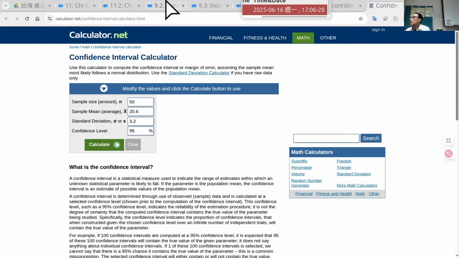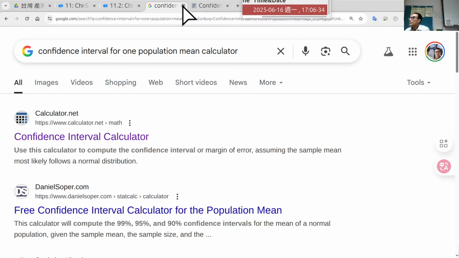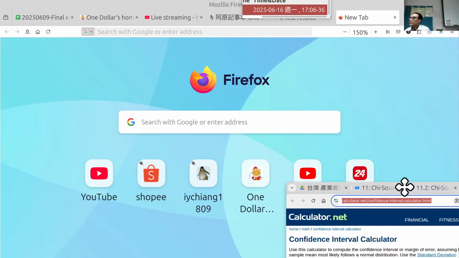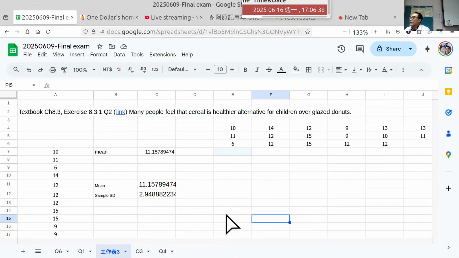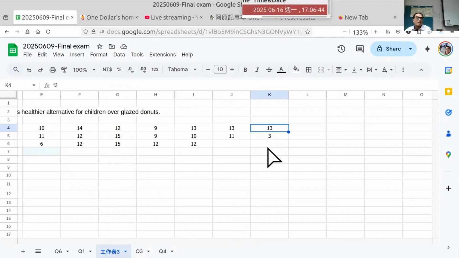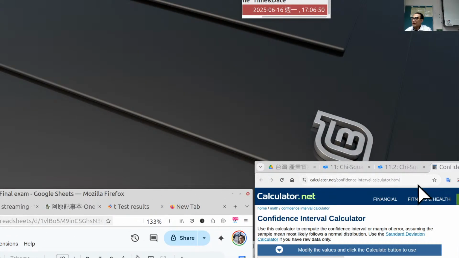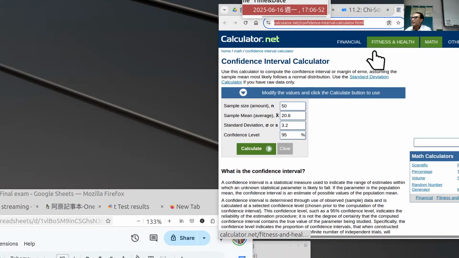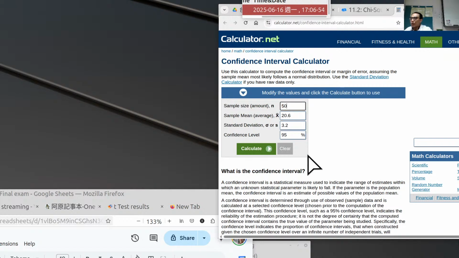Okay, and now we know there are, for example, here 1, 2, 3, 4, 5, 6, 7, 7 by 3, 21, minus 2. There are 19 samples. I can type sample size 19.